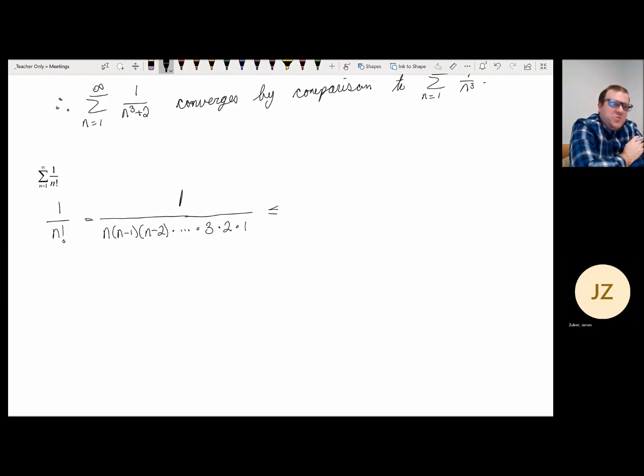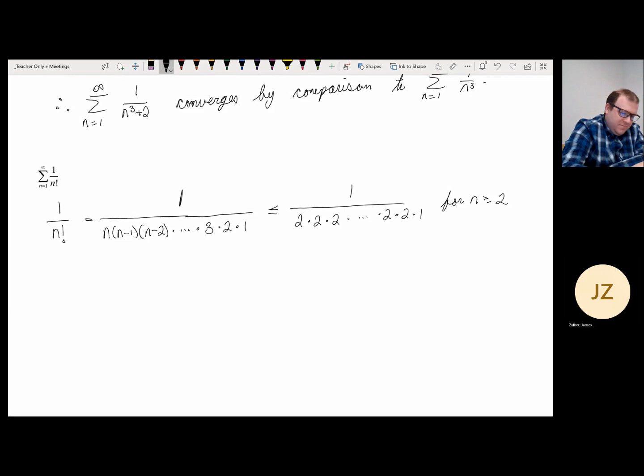Well, this would be less than or equal to one over 2 times 2 times 2 times 2 times 2, and so on and so forth, times 2 times 2 times 1, as long as n is greater than or equal to 2. Times 1 isn't going to change anything, right? So how many 2s do we have?